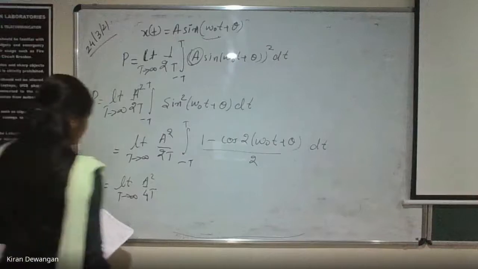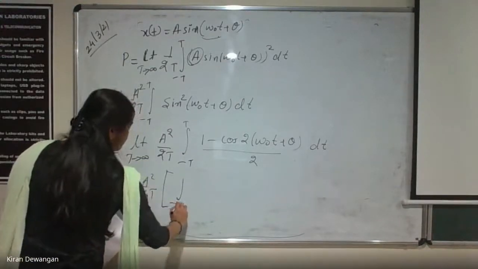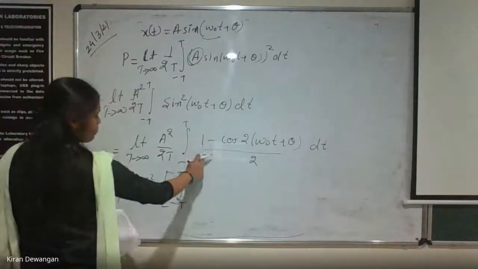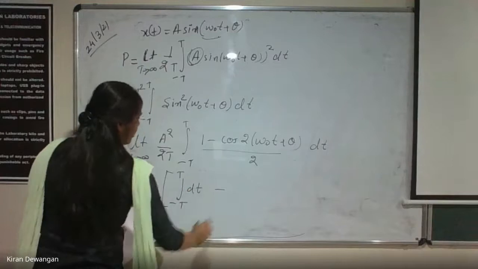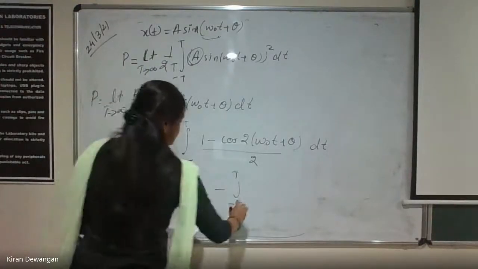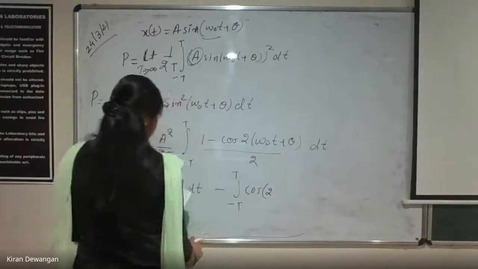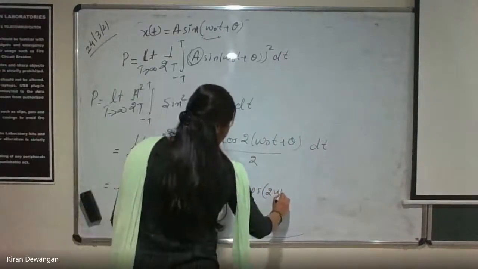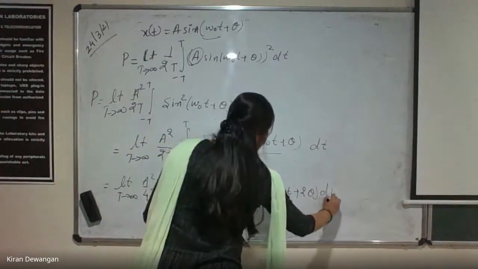Now inside it, from minus T to T, this is just 1, so it is dt, minus the integration from minus T to T of cos(2 omega naught t plus 2 theta) dt.